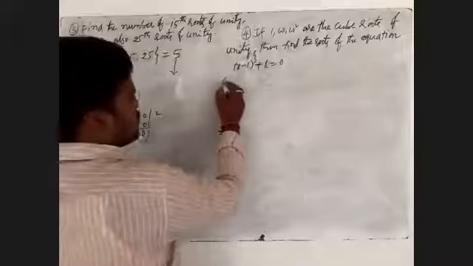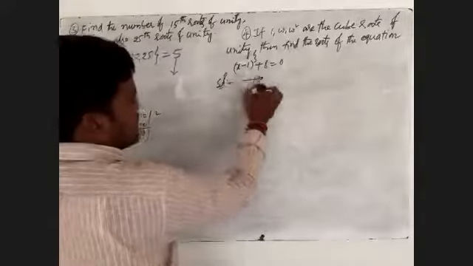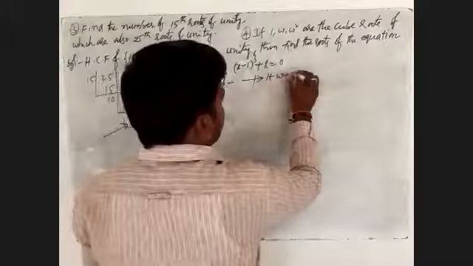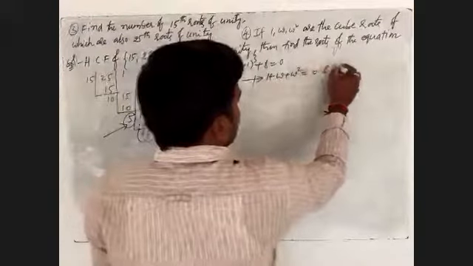We observe that 1, omega, omega square are the cube roots of unity, which means we know two conditions: first, 1 plus omega plus omega square is 0, and omega cube is equal to 1.